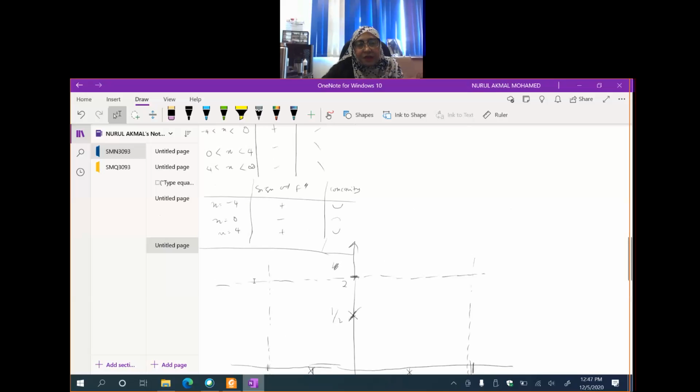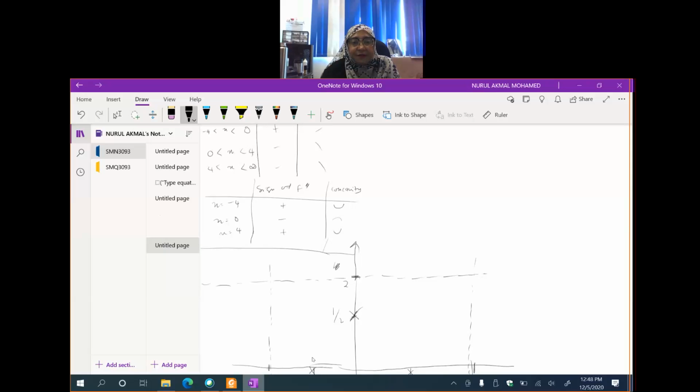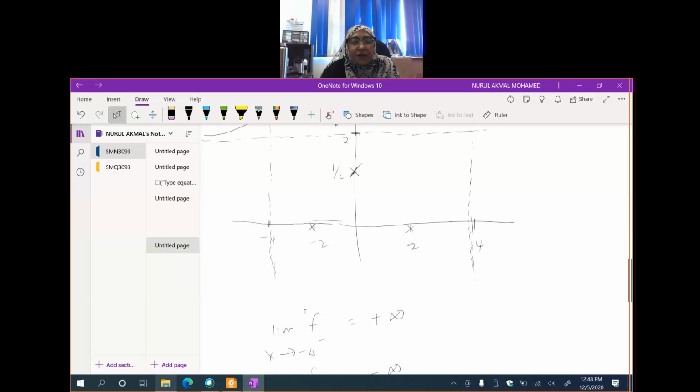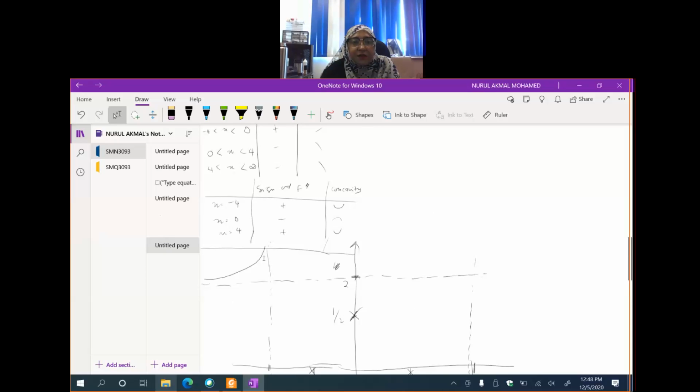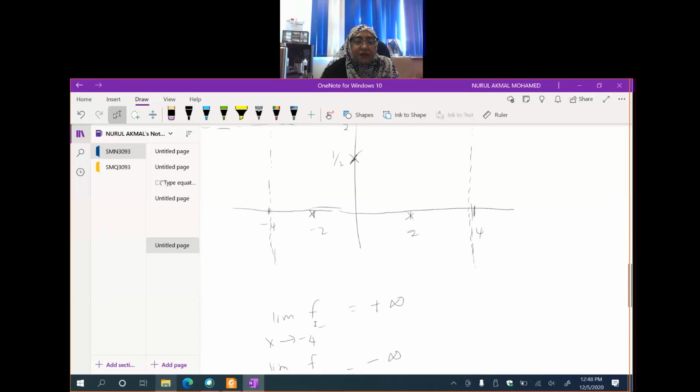And then we have a horizontal asymptote as x tends to negative infinity, the y will be 2. So it's coming from here, and then it goes up to plus infinity as x tends to negative 4 from the left. Okay, so this will be the graph.